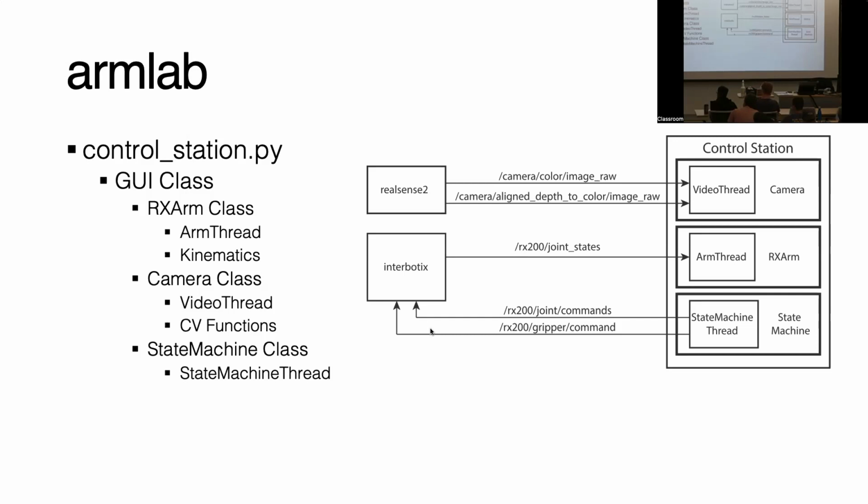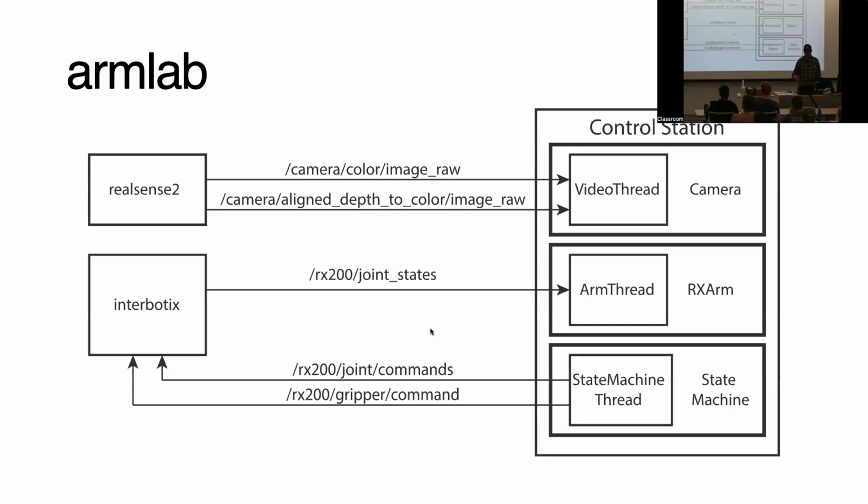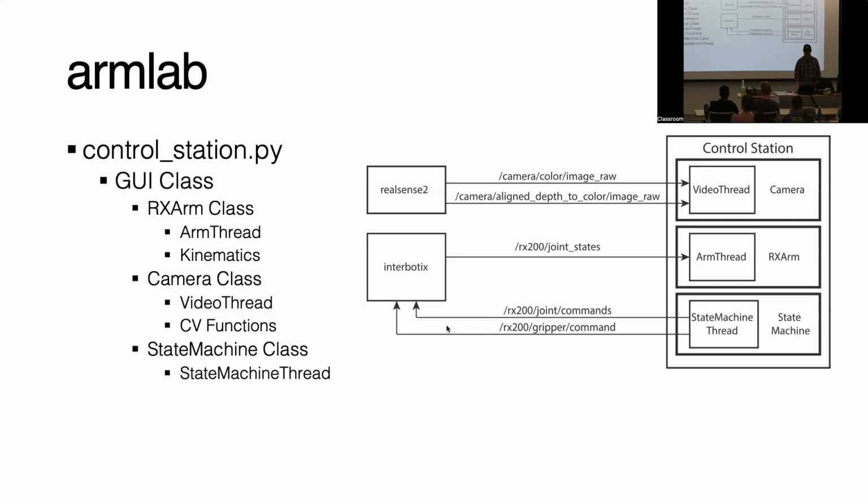And then we have a state machine code that's running the state machine thread that's sending commands to the joint and to the gripper in response to how the joint states are changing, okay? So these are the 3 bits of code and the 3 threads that you're going to be writing.